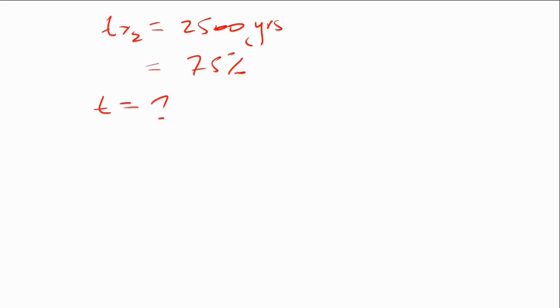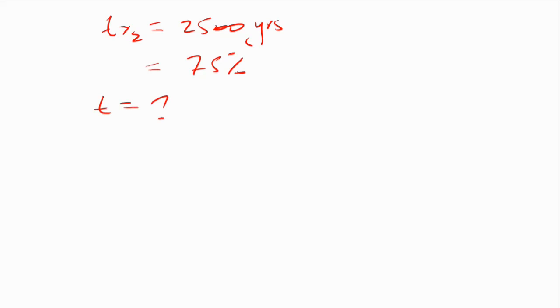The element is known to have a half-life of, I'll make up a number, 2,500 years. That is the half-life, 2,500 years. And they said that when they found this sample, it contained let's say 75% of the isotope. And now they're asking you, what is the age of this thing?